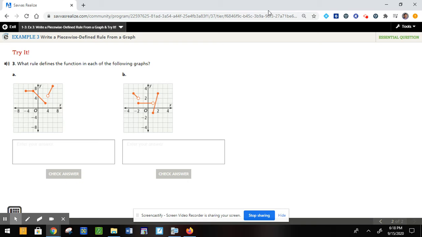All right, so first part I'm looking at here is, the way they described it is to find domain first. So there are three distinct sections of this graph. The first section has a domain from -5 to -2.